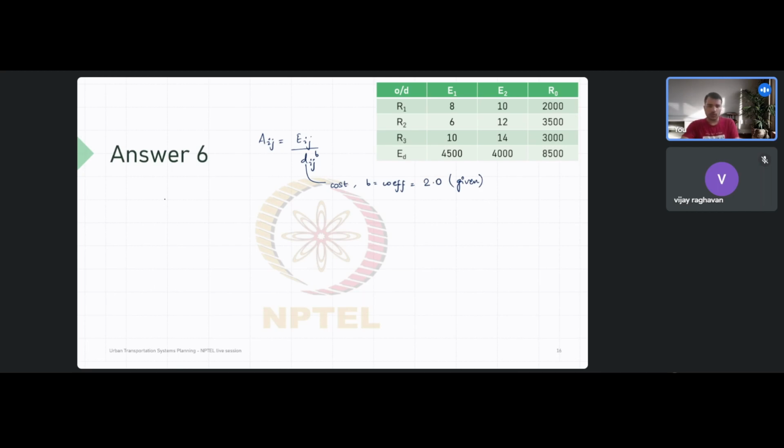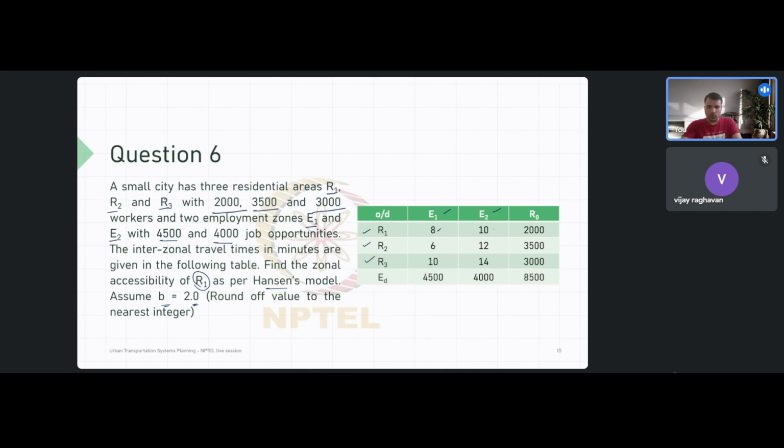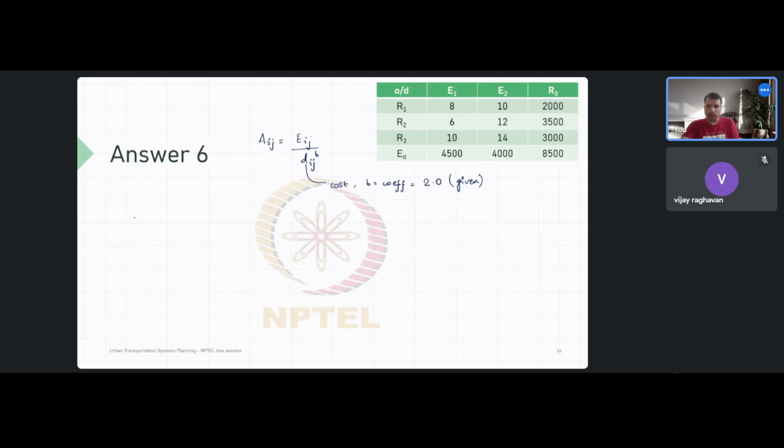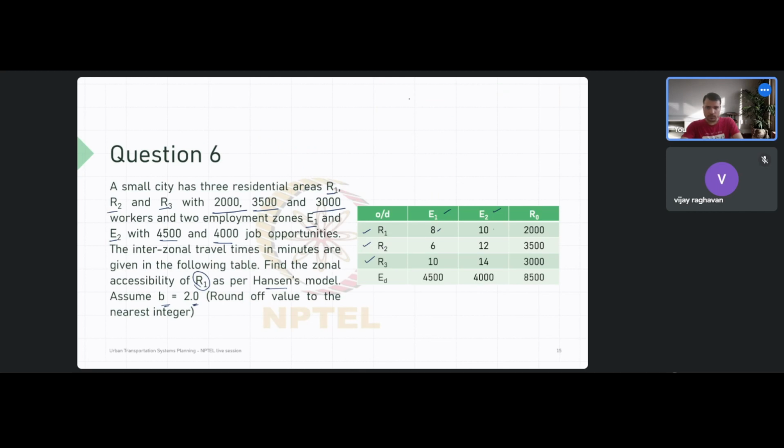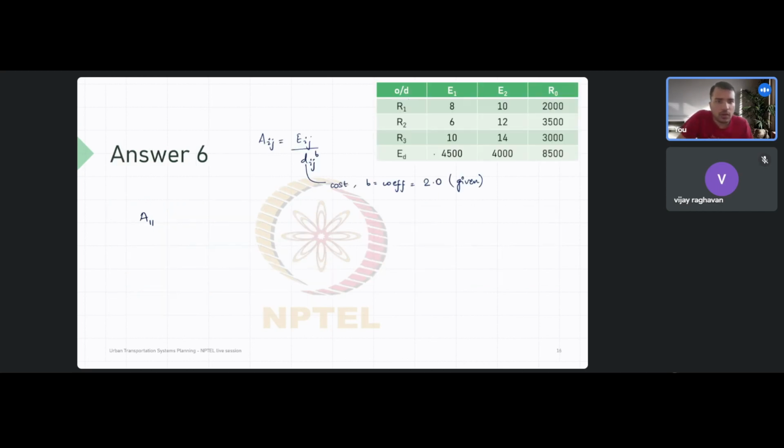So we need it for zone 1, R1. Firstly we'll do A11. From R1 we will have 4,500 trips in total, because only 4,500 can get attracted to R1 from R1 to E1.